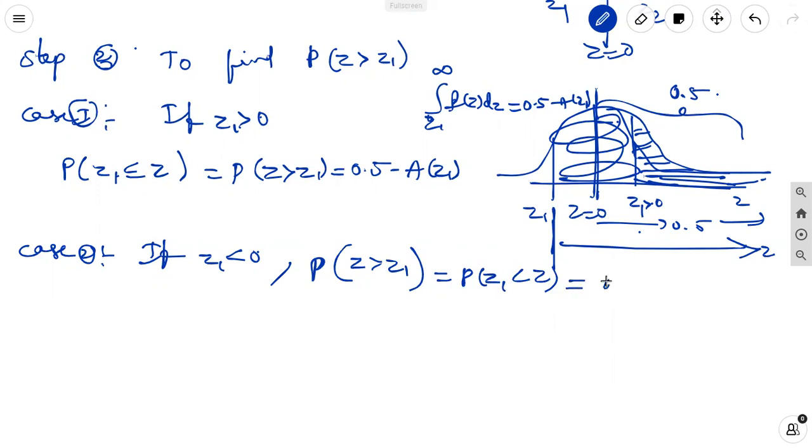In that case, we take 0.5 plus area of Z1. That is case 2.